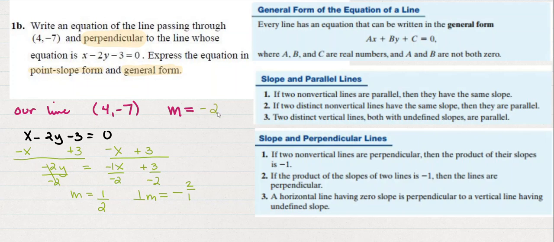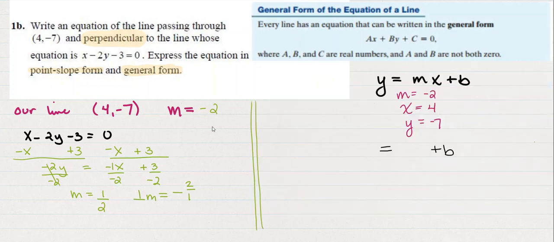What I could do next is use the y equals mx plus b slope-intercept form of a line, given that the slope is negative 2, x is 4, y is negative 7. If I fill those in, I'd have negative 7 equals negative 2 times 4, plus b.